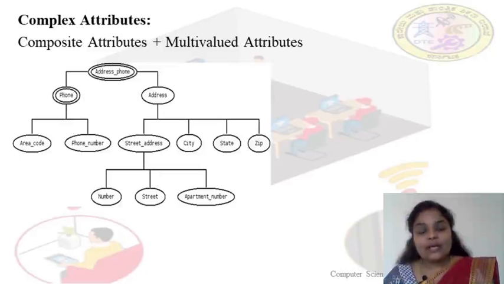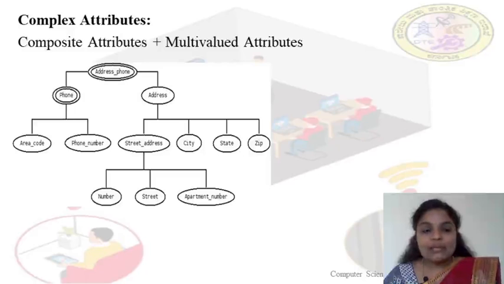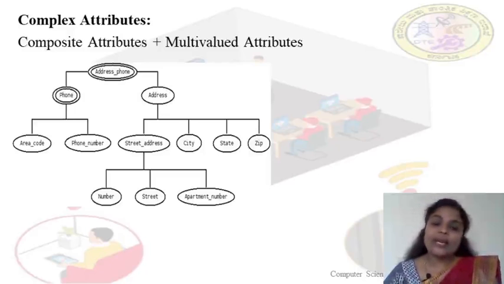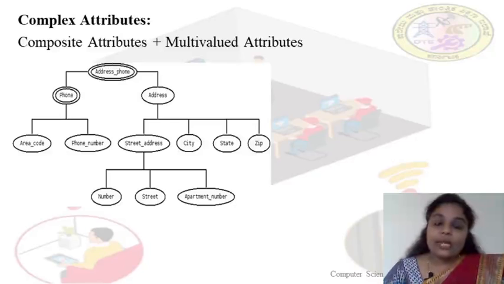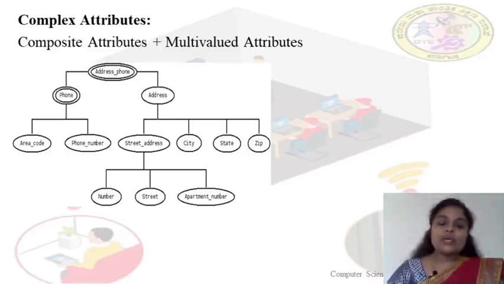Those are nothing but our complex attributes. It's a complex example they have given. You can think of only phone number. Even phone number, is it a complex attribute? Yes. Why? Because phone number is multi-valued. We can have more than one value. And is it composite? Yes. How? Because we can decompose it further into area code and phone number.